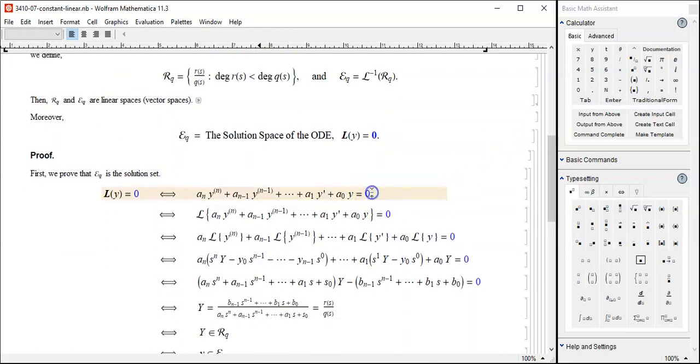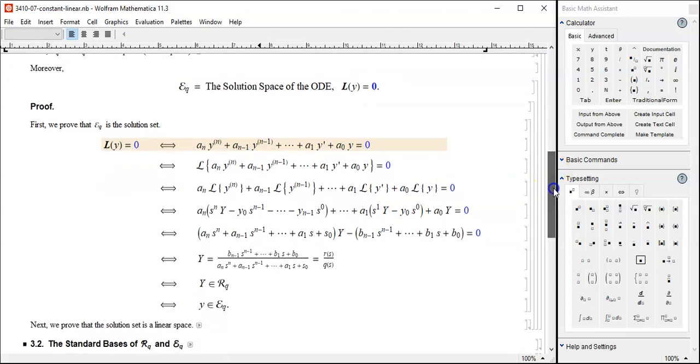Then we take the Laplace transform of both sides. Right-hand side, L of 0 is 0, so you don't really have to do anything here. Then take those coefficients out, and we can apply the derivative formulae, and the nth derivative becomes like that. For the n minus first derivative, we have similar expressions, and so on and so forth.